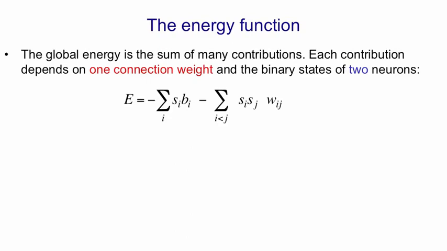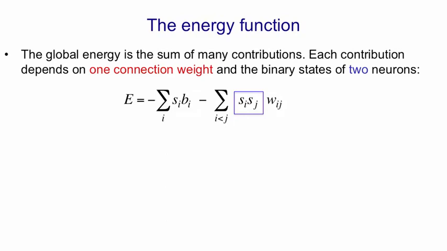The main term has a weight, which is the symmetric connection strength between two neurons, and it has the activities of the two connected neurons. So s_i is a binary variable that has values of 1 or 0, or in another kind of Hopfield net, it has values of 1 or minus 1.